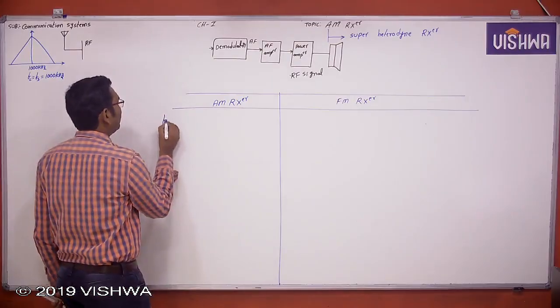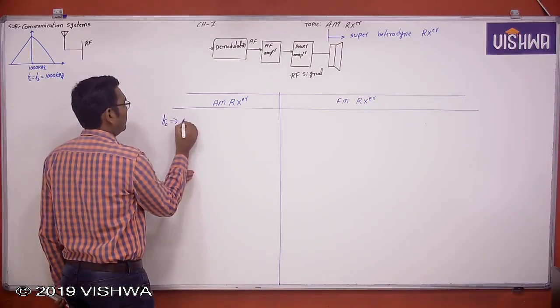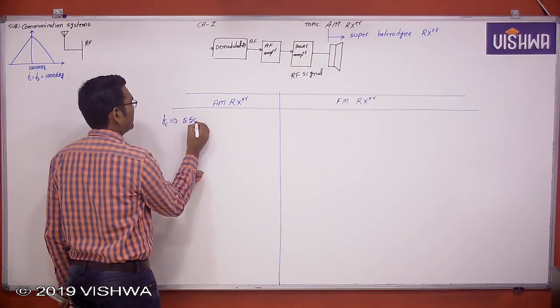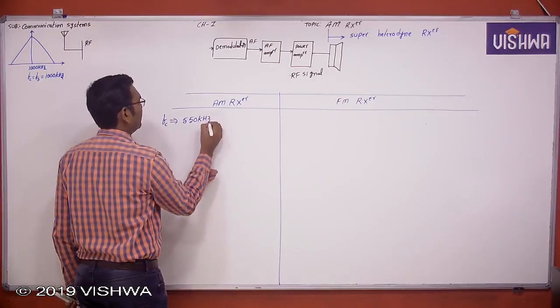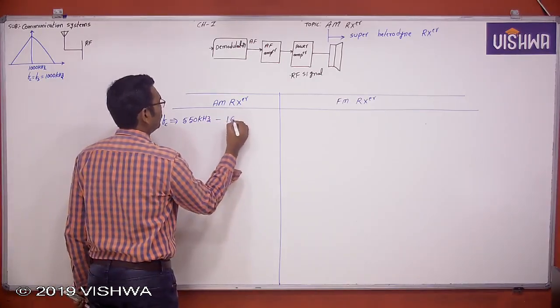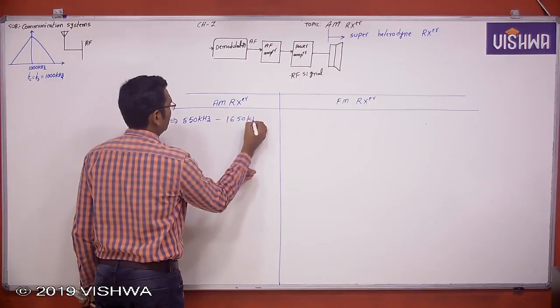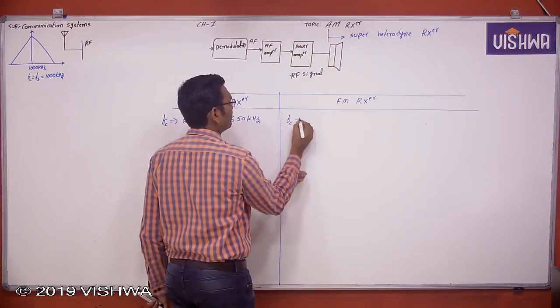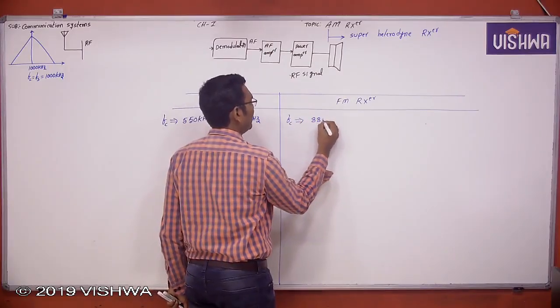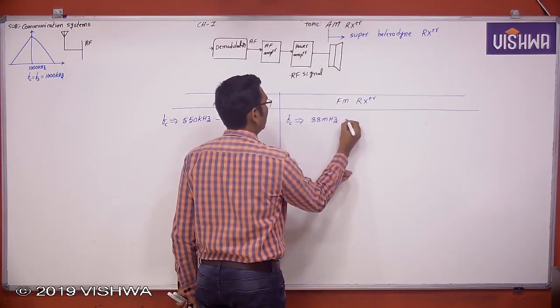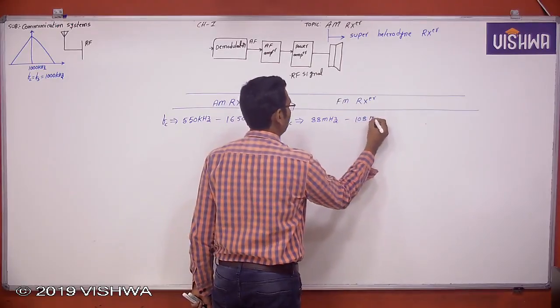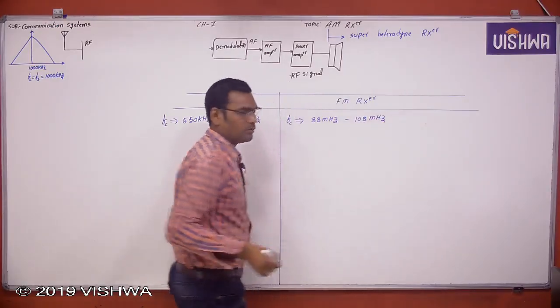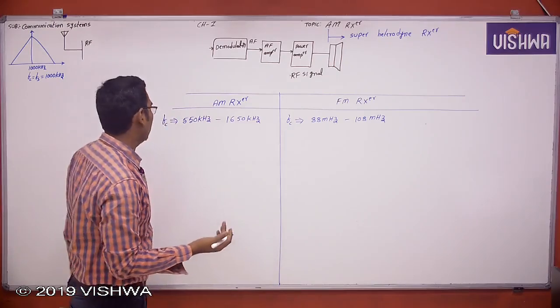The carrier frequency, as I explained in the previous sessions also: for AM it is 550 kHz to 1650 kHz, and for FM the carrier frequency is 88 MHz to 108 MHz. Okay, carrier frequency of a modulated signal.